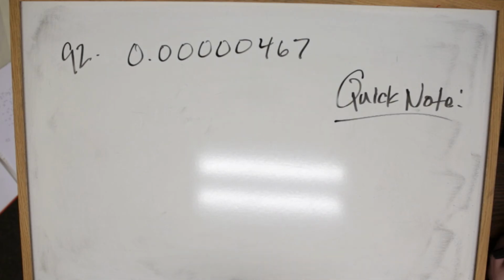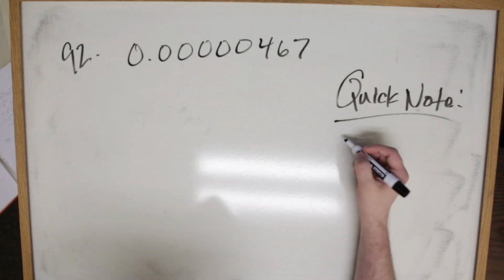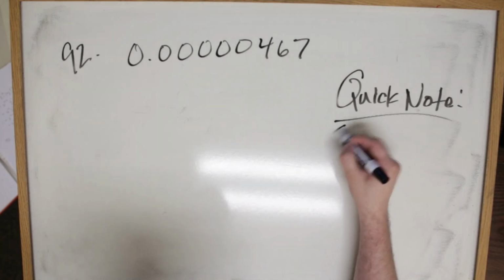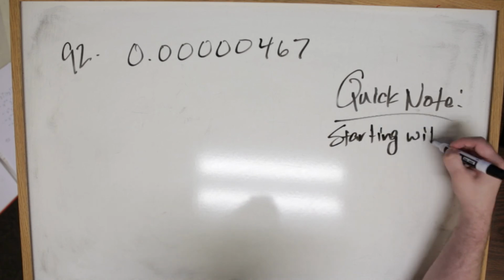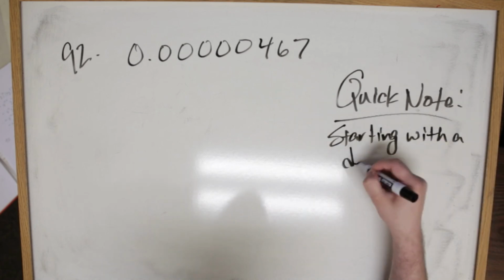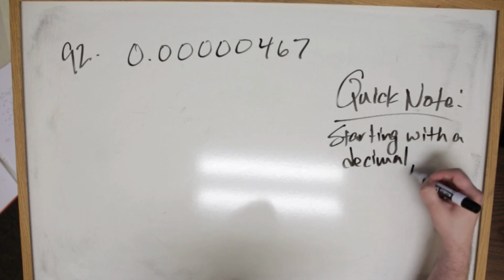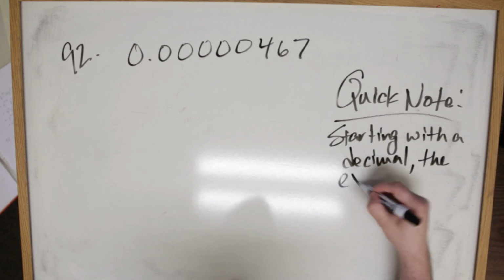So the quick note. If you are starting with a decimal, the exponent is negative.